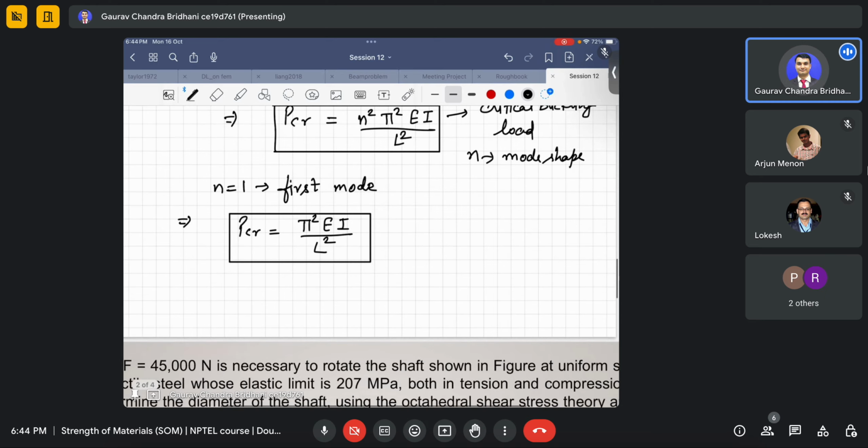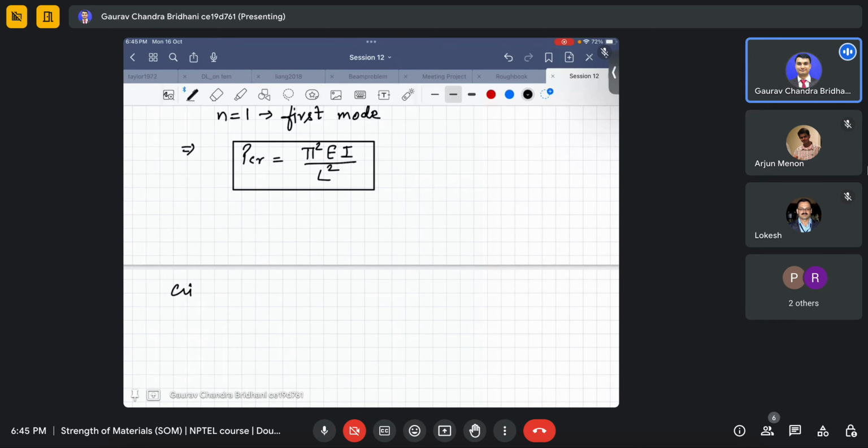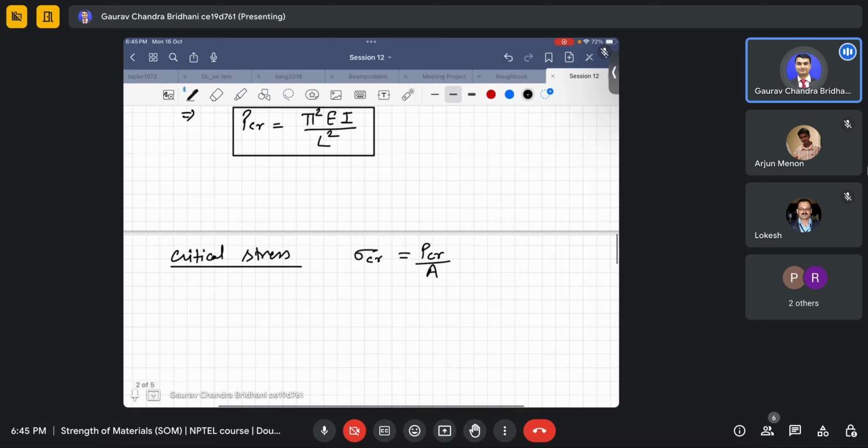Okay, now if I need to define the critical stress, because we are mostly interested in stress, we talk about stress a lot. So sigma CR, that is the critical stress, will be PCR by A, where A is the cross sectional area of the column on which you are applying the axial load. So sigma CR comes as pi square EI by L square into A. Okay, so we have divided it.